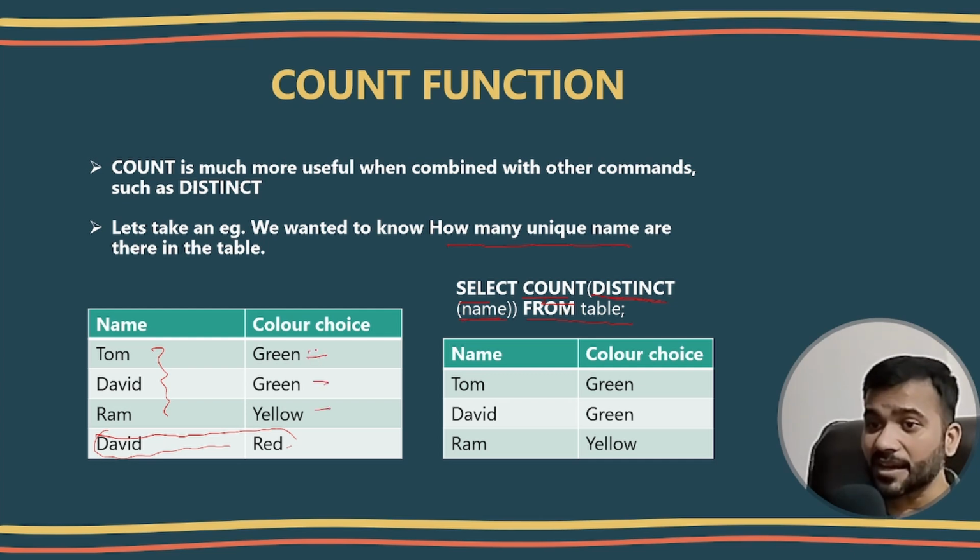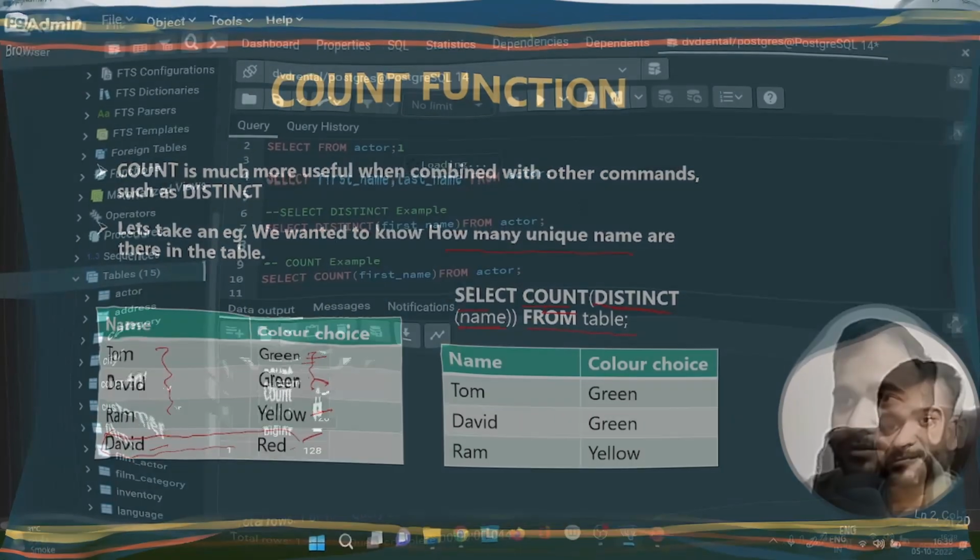Here you can see green appears 2 times because we haven't used distinct on the color choice. If we had used distinct on the color choice, we would have only 1 green, 1 yellow and 1 red. But this time we used distinct on the name column, that's why it removed David. Cool? Now you understand this one.